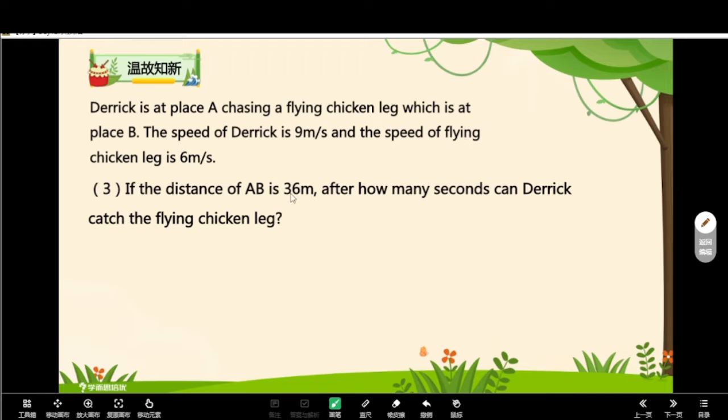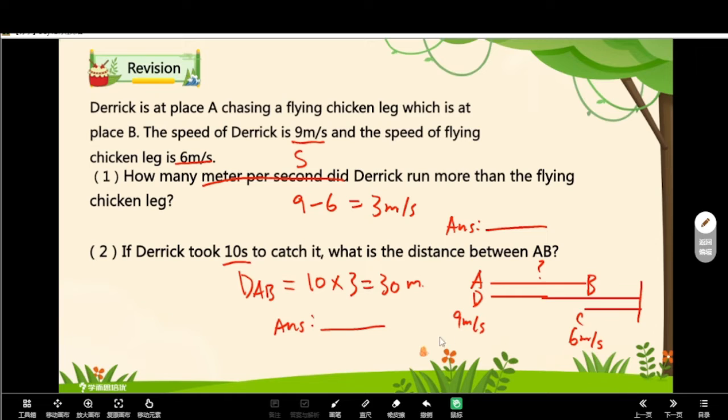If the distance of A and B is 36 meters, after how many seconds can Derek catch the flying chicken leg? Let's see from the diagram this time. We know the distance between A and B is 36 meters, and we need to find the time. So, observe from this diagram again.